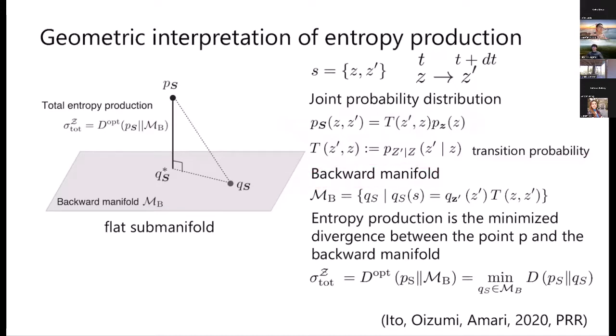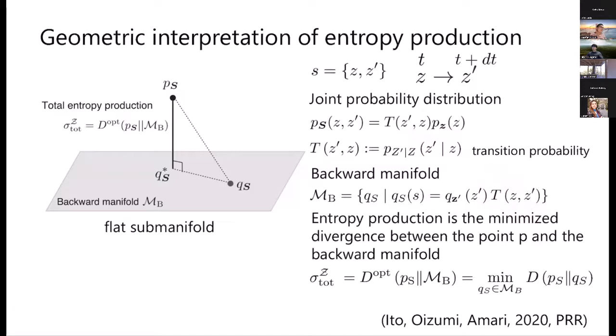This backward manifold is a sub-manifold in the entire space, because we restrict the distribution like this, meaning that the conditional probability is the same as the true one, but you can freely choose the marginal distribution over z prime, the state at time t plus dt. So the freedom is here, but this conditional probability distribution is restricted.